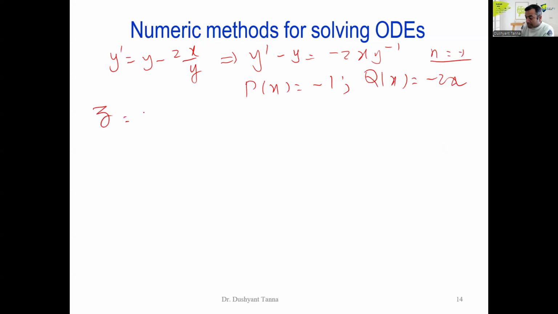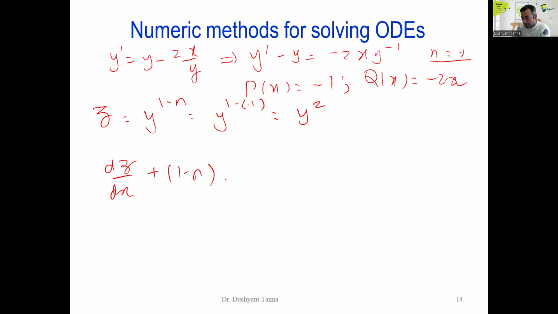Remember z is y to the power 1 minus n. So 1 minus minus 1, therefore y square. So my z is y square. And then directly we go to dz by dx plus 1 minus n times P(x) z is equal to 1 minus n times Q(x).